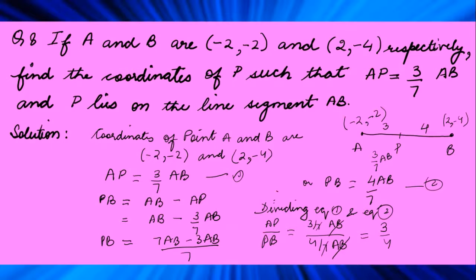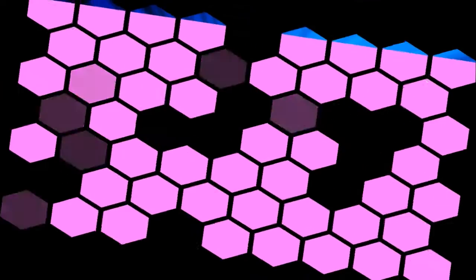So now here, first draw the line segment. It was -2 and it was 2, -4.